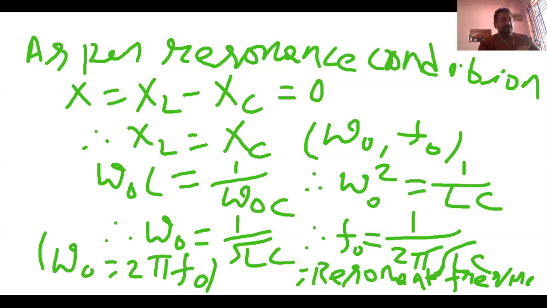At this resonant frequency, we want to calculate the impedance, the current, and the power factor, and we want to see the vector diagram. These things we want to explain.